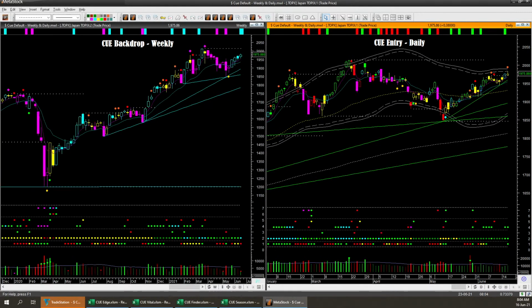Topix, in an uptrend in the daily chart, in the weekly also in an uptrend. Both weekly and daily have trend line support. Daily trend line support is close to the price, similar to the Australian market.